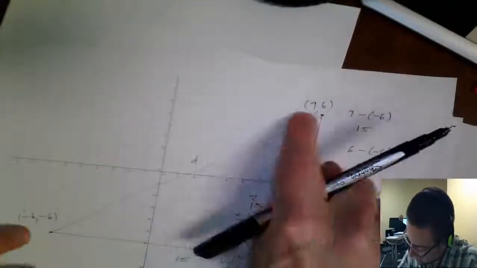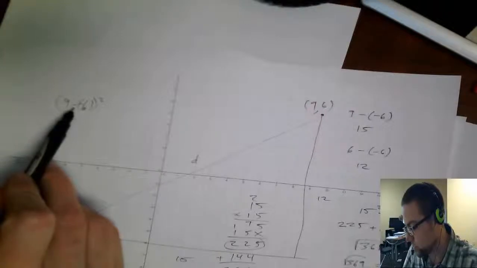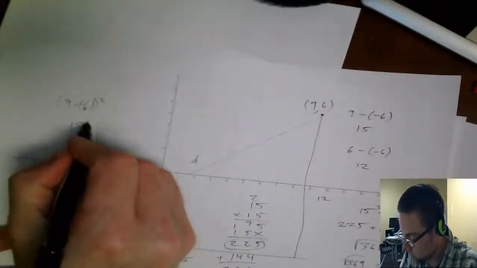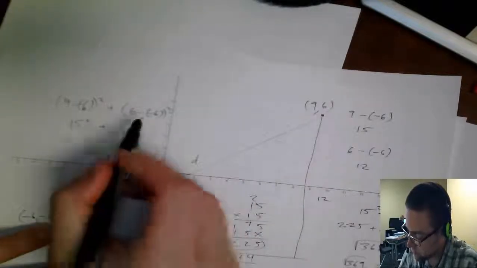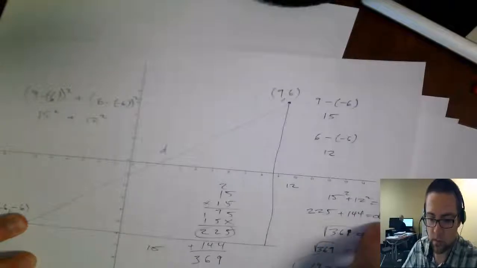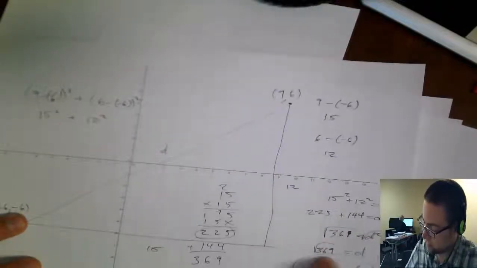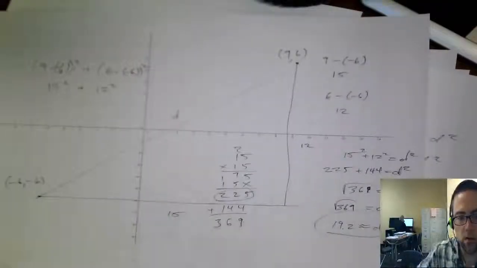So I take the difference in the x values, so 9 minus a -6 squared, which 9 minus a negative is actually plus, so it becomes 15 squared, plus the difference in the y values, 6 minus a -6 squared, which is 6 plus 6, which is 12 squared, and that's what I did. So 225 plus 144 equals d squared, and the square root of that, I came out with square root of 369, which was approximately 19.2. Okay, there it is.